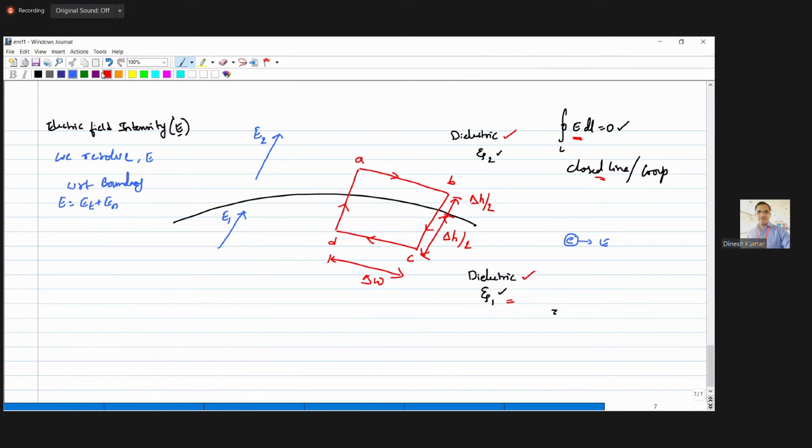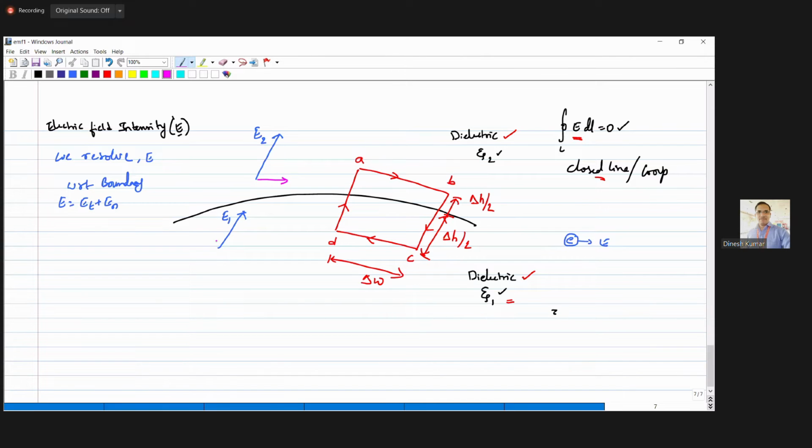Now I am going to draw the component which is parallel. The boundary is like this, so let us take one line parallel to the boundary.